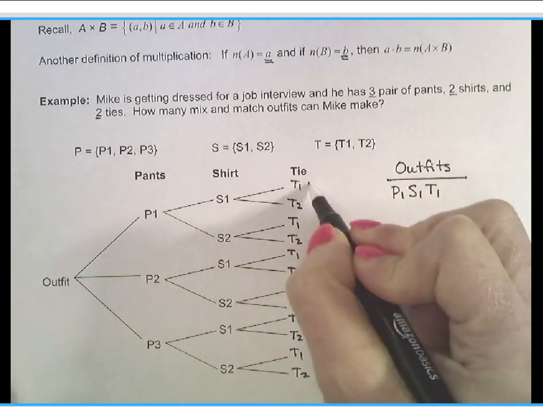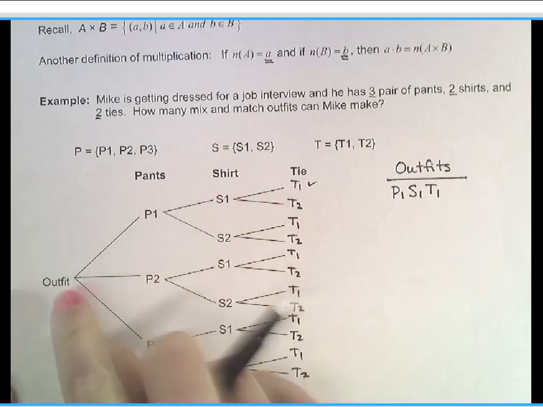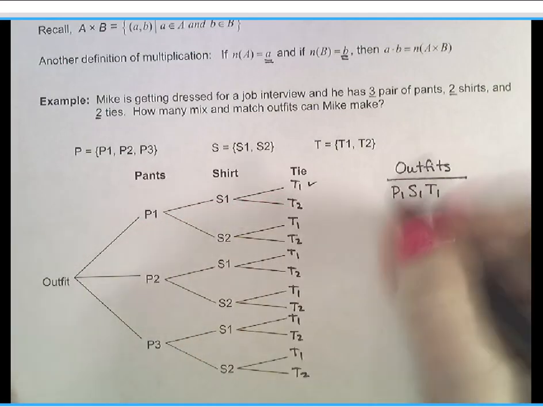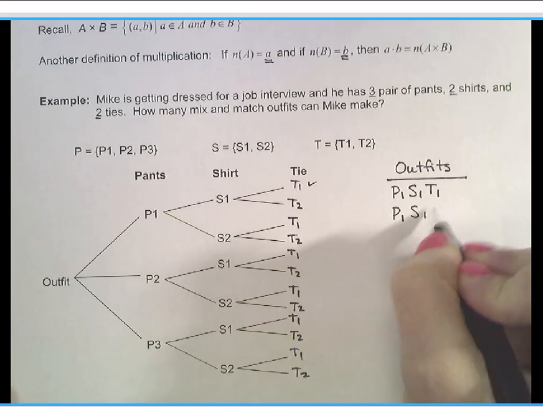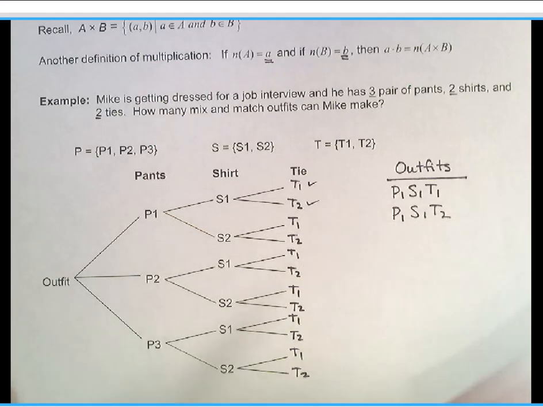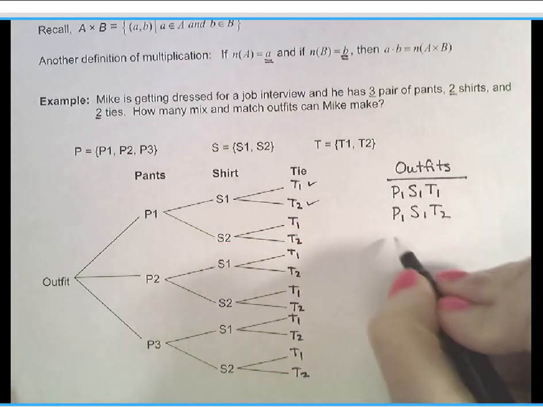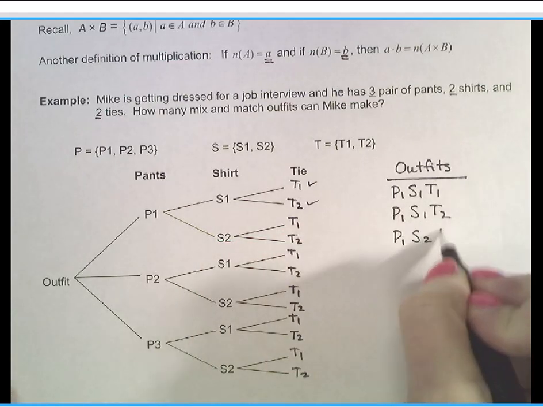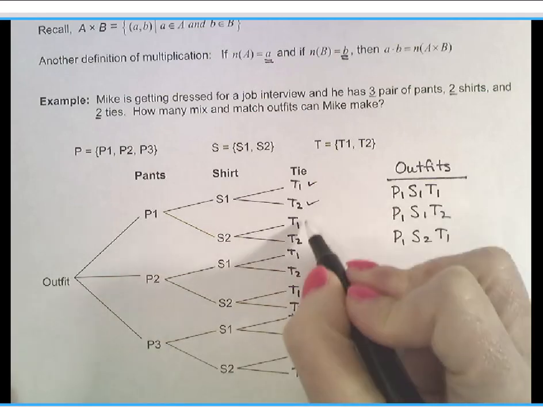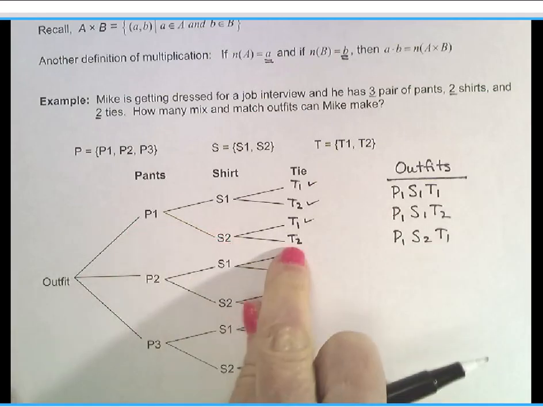That would take care of that outfit. P1, S1, T1, or P1, S1, T2. That would be the second outfit. Or P1, S2, T1. Or, and that's this one, P1, S2, T2.